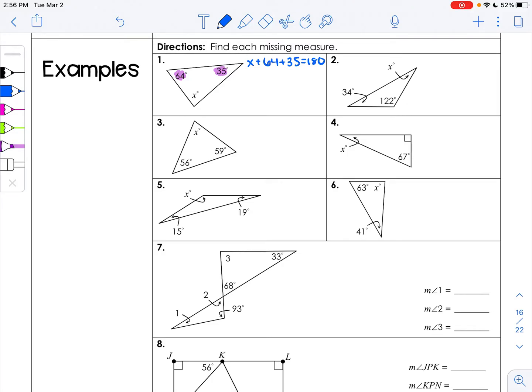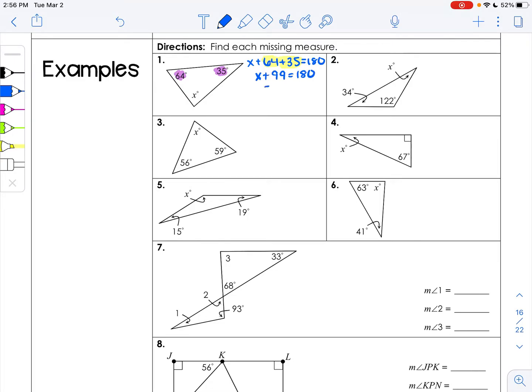I can use my knowledge of solving equations to find out what x equals. I can start by combining like terms, 64 plus 35. That would give me x plus 99 equals 180.